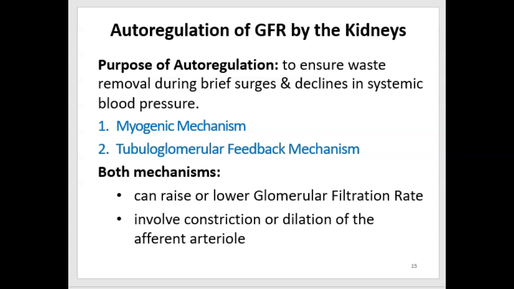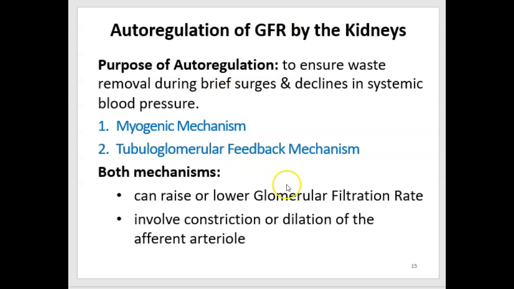And the purpose, of course, is to ensure waste removal during brief surges and declines in systemic blood pressure. So you don't want too much waste removal and water removal when blood pressure is high, and you don't want a decline in waste removal when blood pressure goes down.